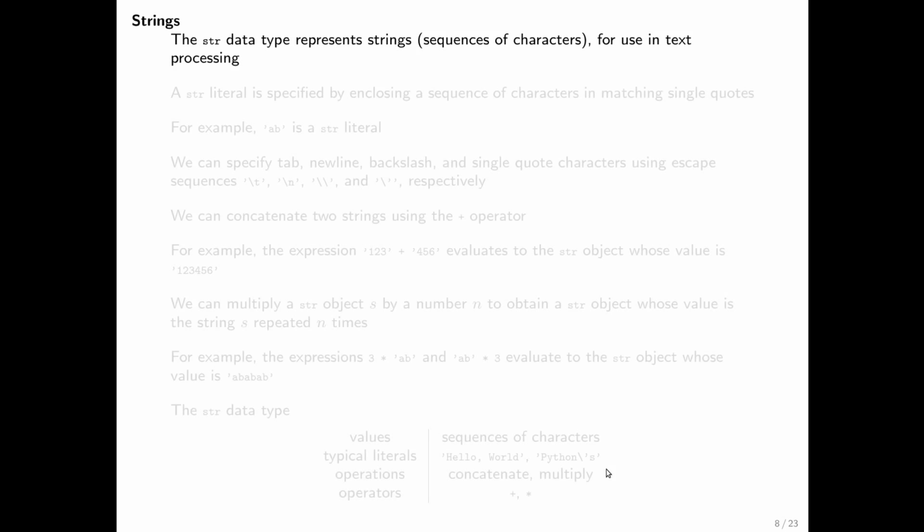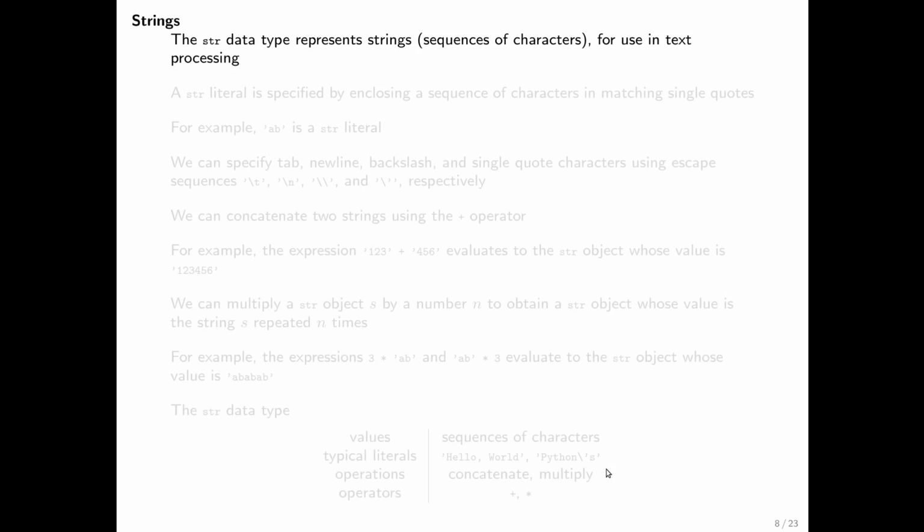Okay, the next thing that we're going to do is talk about the very first of the four fundamental built-in types in Python. Remember, there are four built-in types in Python: strings, integers, floats, and booleans. And we're going to first discuss the string data type. The string data type, denoted by the keyword str, represents strings in Python. What is a string?